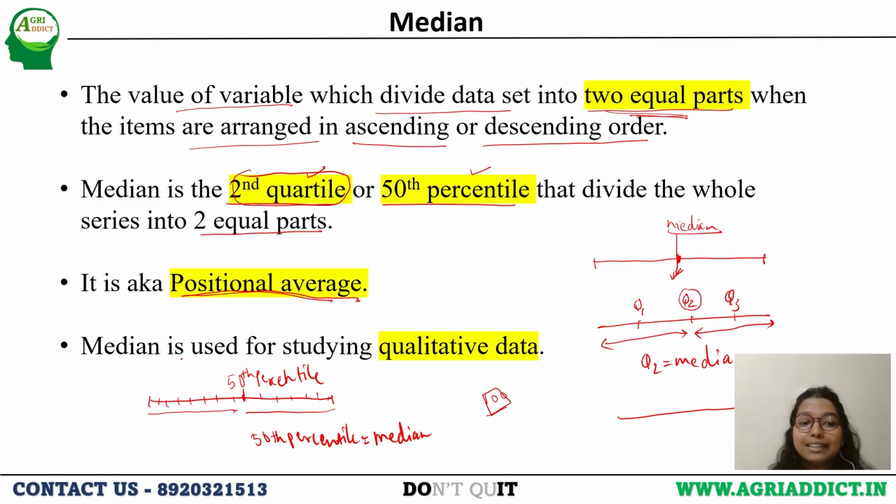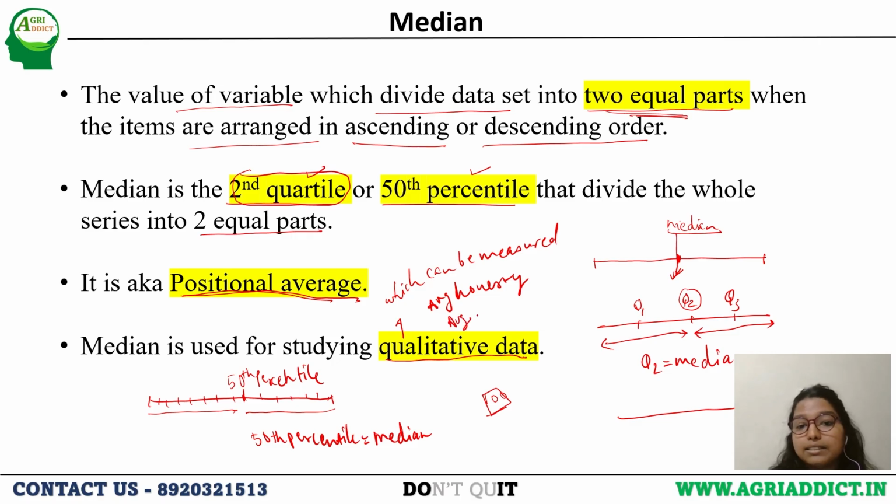Median is used for studying qualitative data, which cannot be measured. Say, for example, average honesty. We can say that this person is honest or this person is not honest, but we cannot say that this person is 1 kg honest or 1 centimeter honest.